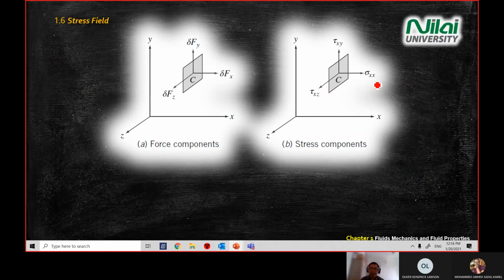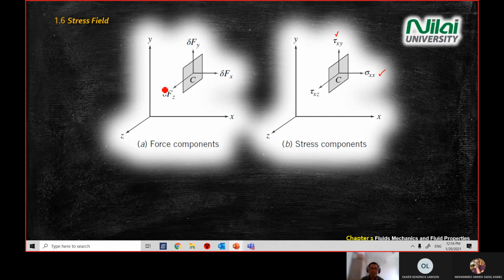Then we have cleared the stress just now. Now what about this one? Why does this one become shear? Because if you look at y on the left-hand side here, Fy is going parallel to the area. So if you have a parallel force, you get shear stress. And this is x, this is y, because it's on the x plane in the y direction.